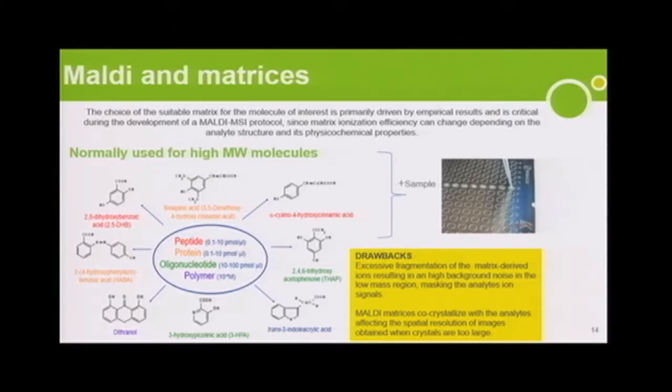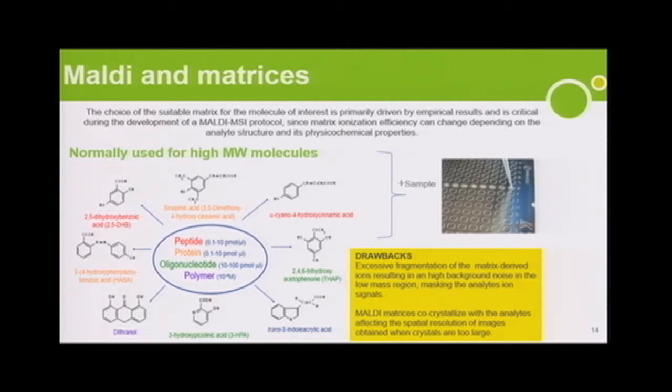But when we have a drug that is a small molecule and its metabolites are small molecules, we need to change this type of matrix, because this organic matrix could give an excessive fragmentation, as I wrote here. And this means that you have a high background noise in the low mass spectra region, okay?